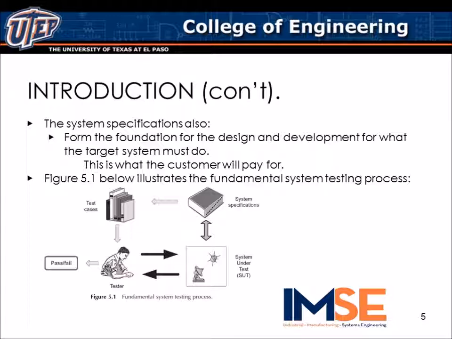Figure 5.1 below illustrates the fundamental system testing process. The system specifications guide in creating the test cases, which in turn guide the tester on how to perform each test, which in turn he or she will mark as pass or fail.